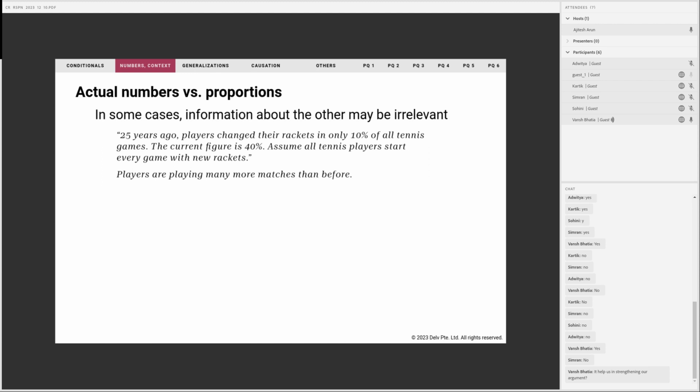Okay, so I'll take a number. Let's say 25 years ago, we were playing 100 matches, right? And in 10% of the cases, the players had to change their rackets. And now the current figure is 40%. And the second argument that you have shared is that the players are playing many more matches than before. Let's say they're playing 200 matches.